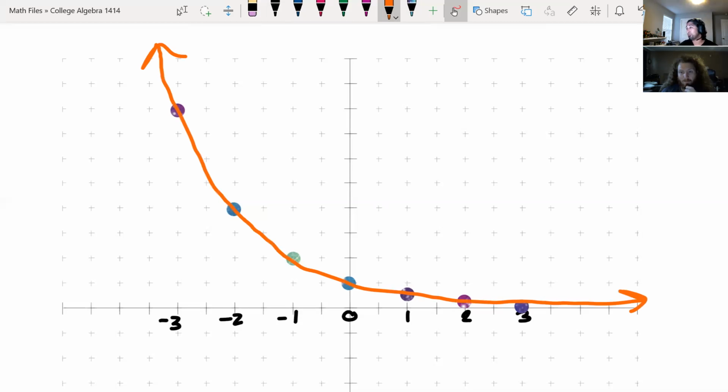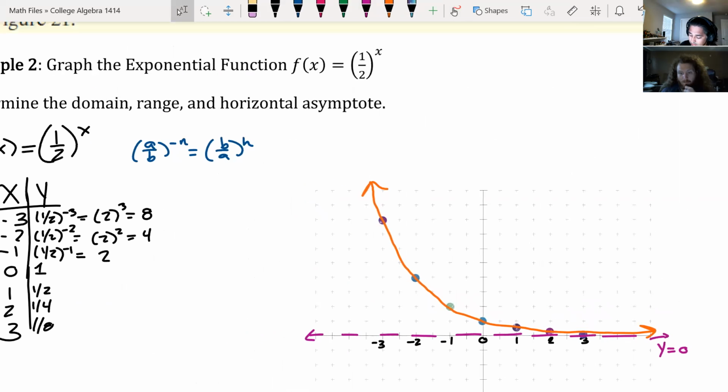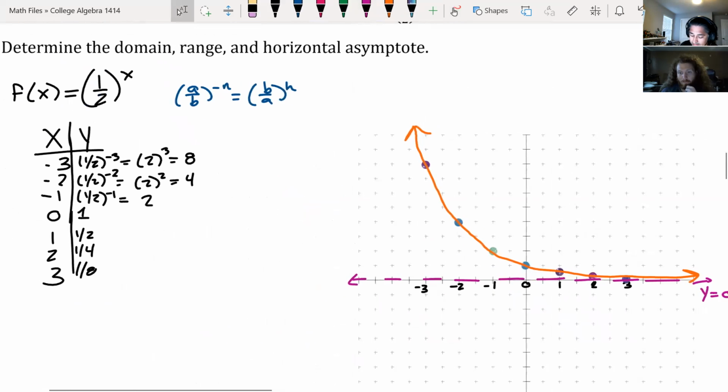And now this time, as x gets larger and larger and larger, y will start to get closer and closer and closer to 0. But again, will it ever touch? No. Which means that we have a horizontal asymptote at the x-axis again.